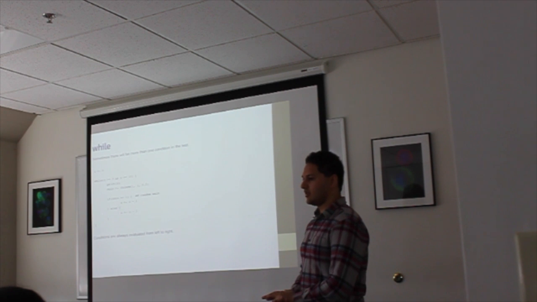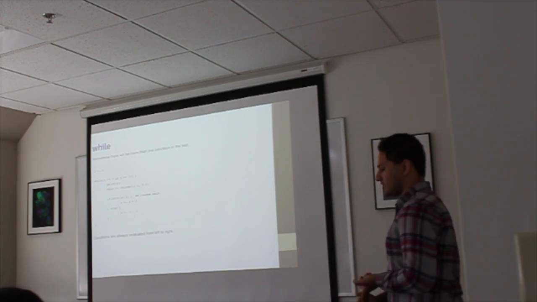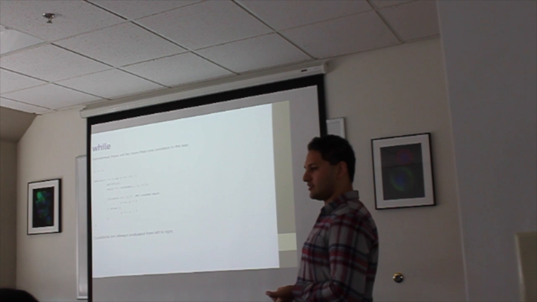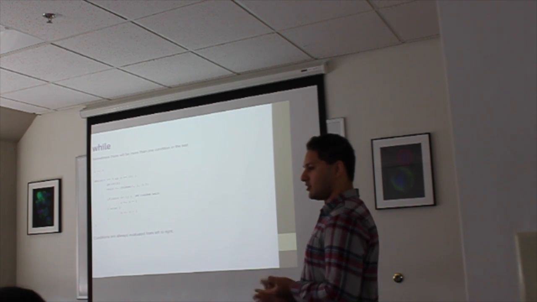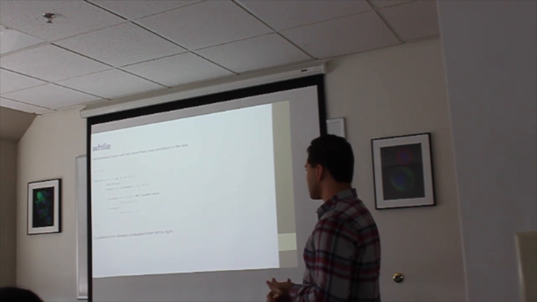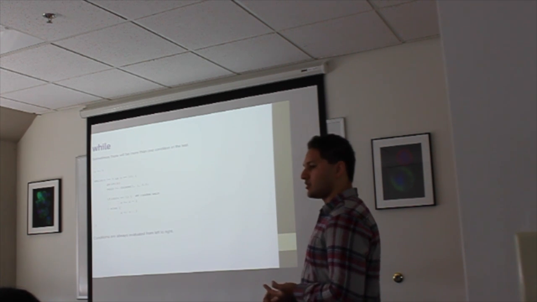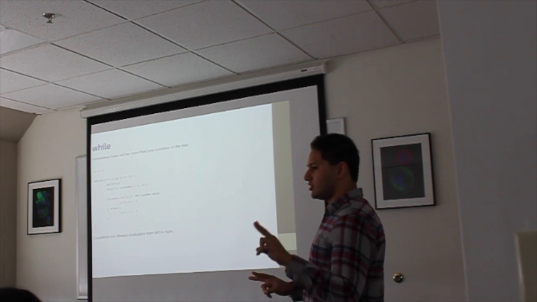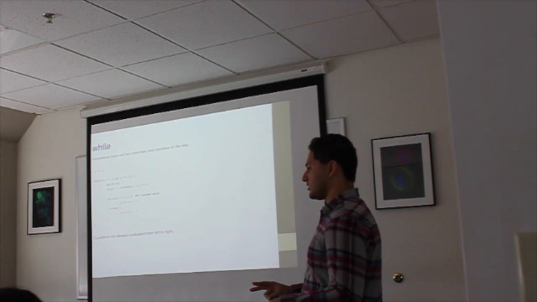So if the first was 2, it would do it twice. And the second one is the number of trials. So if you did 2, 2, it would do 2 coin flips.